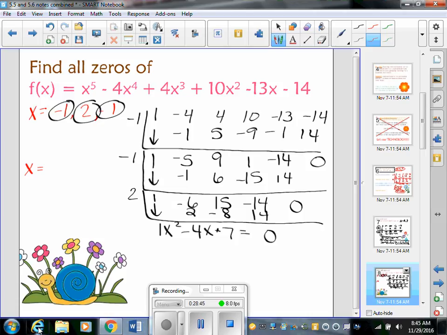All right, so -b would be, what's -b? 4. Plus or minus the square root of b squared, -4 squared, minus 4 times a times c, all over 2 times a, which is 1.